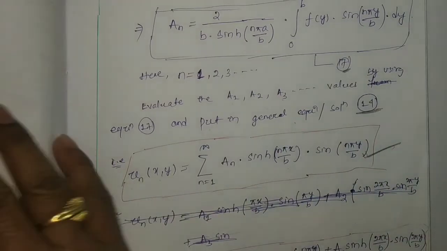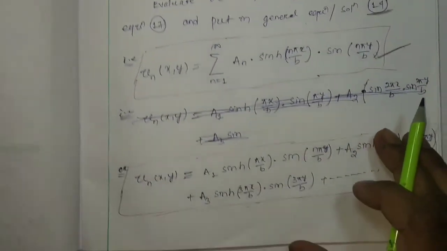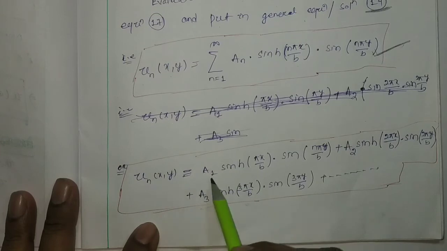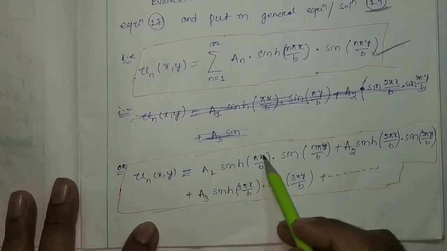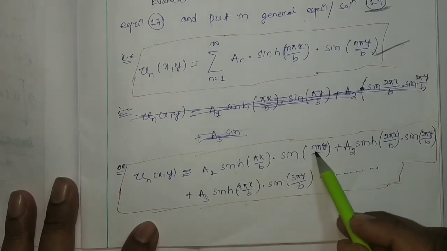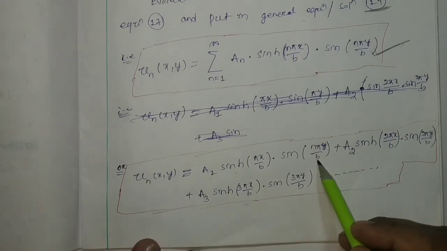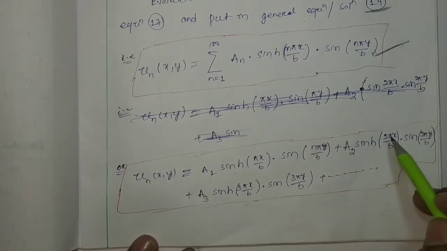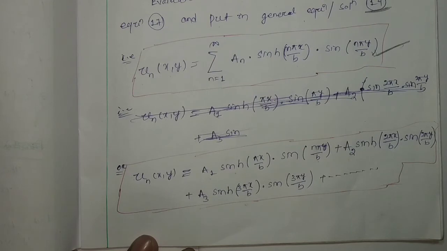Here you can see the general solution will be a1 sinh(pi x by b) into sin(pi y by b) plus a2 sinh(2 pi x by b) into sin(2 pi y by b), a3 sinh(3 pi x by b) into sin(3 pi y by b), and so on.